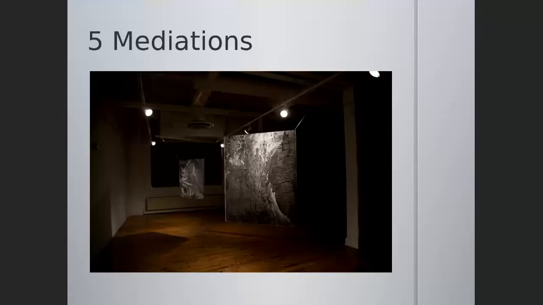This piece here, the 5 mediations, is more of an installation piece using some of the photographs, but we're also using light to illuminate these pieces. So what you see hanging here are large sheets of plexiglass that have these Xerox transfers on them.